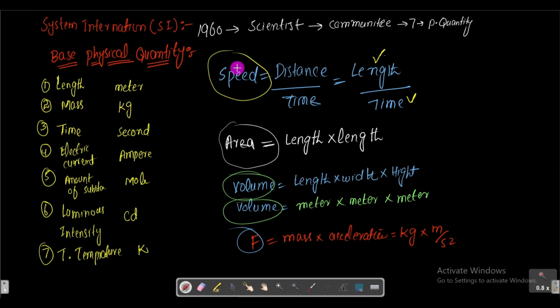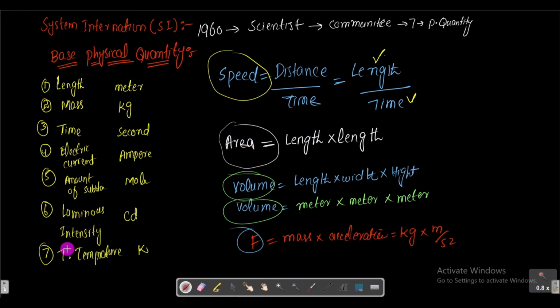Here, this is another physical quantity which is not present among the base physical quantities, but it comes from them, because it involves the multiplication or division of one base physical quantity by another.